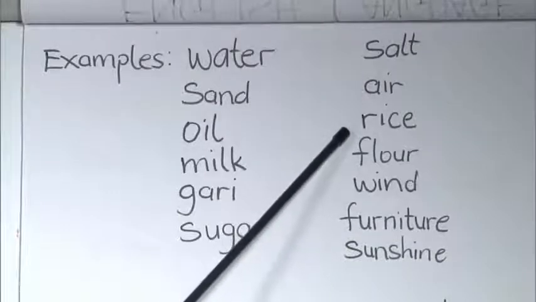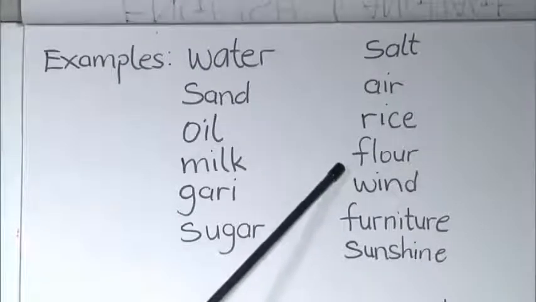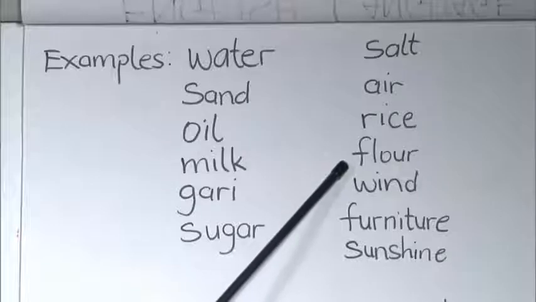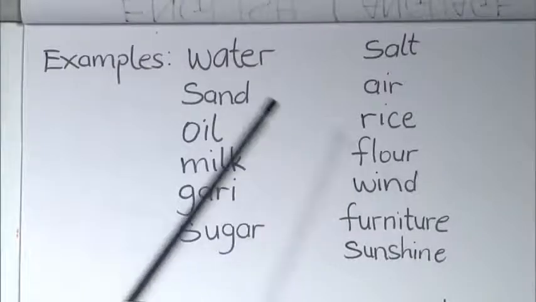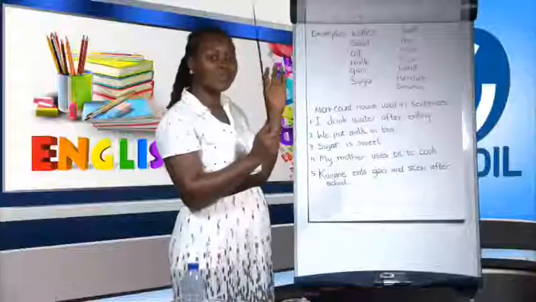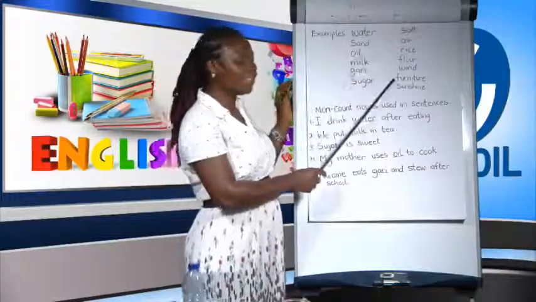We have rice. We have flour. We have wind. When it's raining, you see wind blowing. So wind, we cannot count wind. Good. We have furniture.